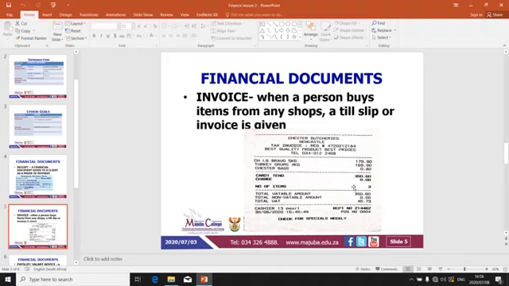How many items were bought? The number of items was 3. And then how much was paid? It's 350. What type of payment was that? It was paid using the card. It's written here, card tender.